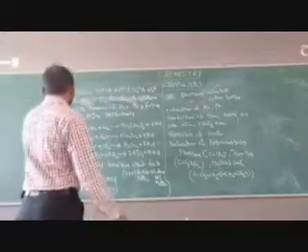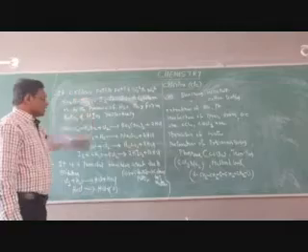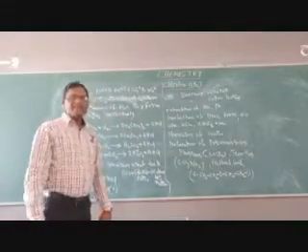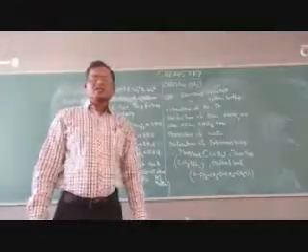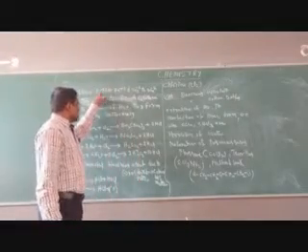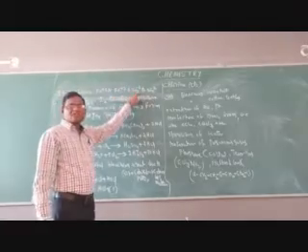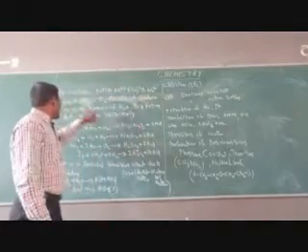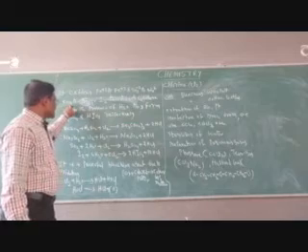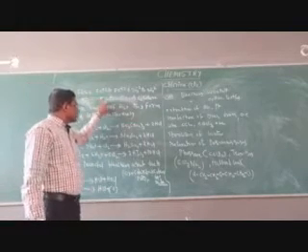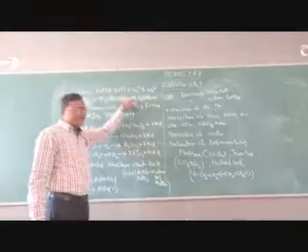Now see, children, some more properties of chlorine. Chlorine acts as an oxidizing agent as well as a bleaching agent. So it oxidizes ferrous salts to ferric salts, sulfite salts to sulfate salts, and sulfur dioxide is oxidized to sulfur trioxide, iodine is oxidized to iodate.